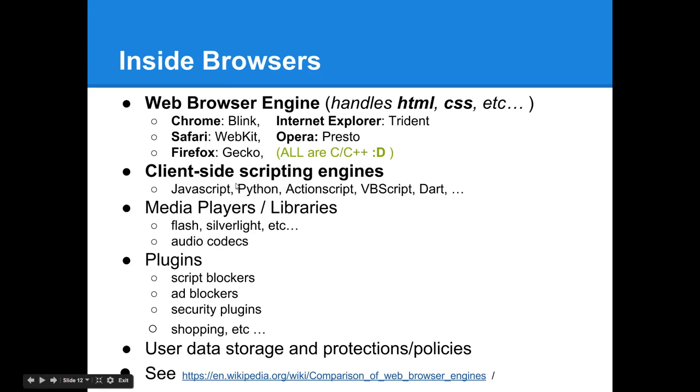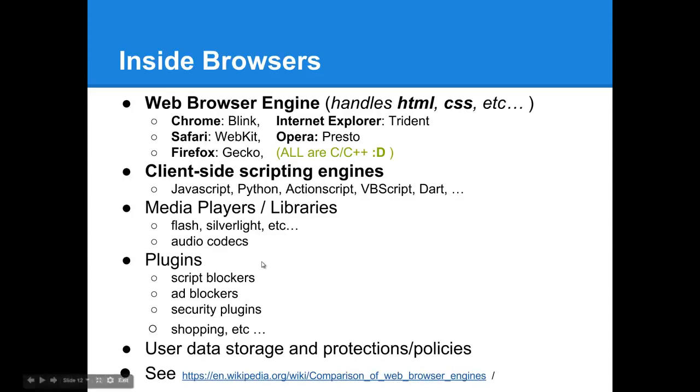And they may, again, be supported by client-side scripting engines to handle things like JavaScript, Python, ActionScript, VBScript, Dart, etc., as well as media player libraries to handle YouTube videos in Flash, HTML5, Netflix Silverlight, various audio codecs for streaming music and other content, and then finally scores of plugins.